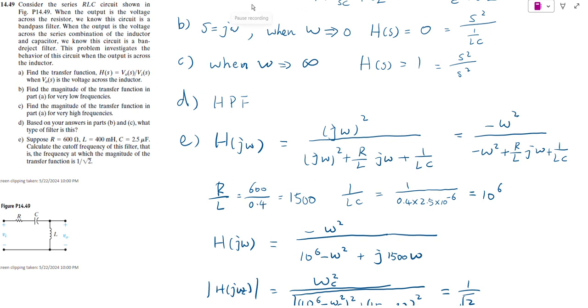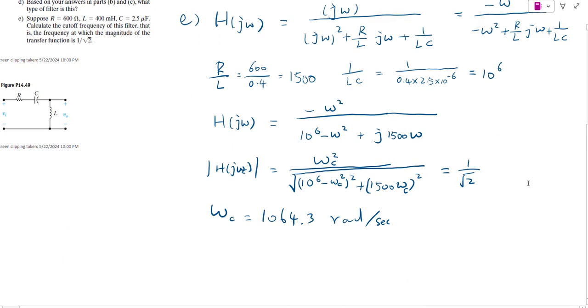All right, R, L, and C being given, we can replace those symbols with numbers. Then we got this H(j omega), the transfer function, equals this. The only variable is omega.